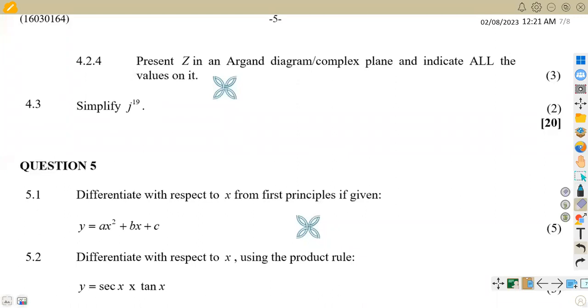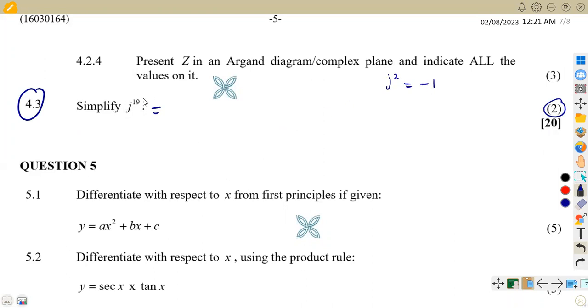On 4.3, we are now given to simplify j to the exponent of 19, and that is 2 marks. So j to the exponent of 19, whenever you're given this type of question, always target j squared, because you know that j squared is equivalent to -1.